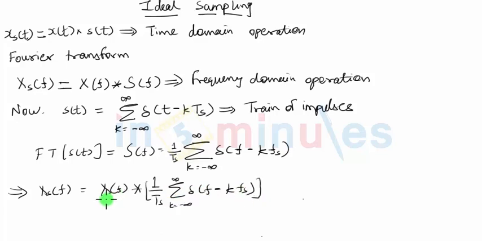If we take this ahead, you can see we can keep 1 by Ts outside, it's a constant, and because convolution is a linear operation, I can exchange convolution and summation. Both convolution and summation are linear operations, so I will keep the summation outside and send this x of f inside. So x of f is now convolved with the train of impulses, which is delta of f minus kfs. The range of k will still remain the same.